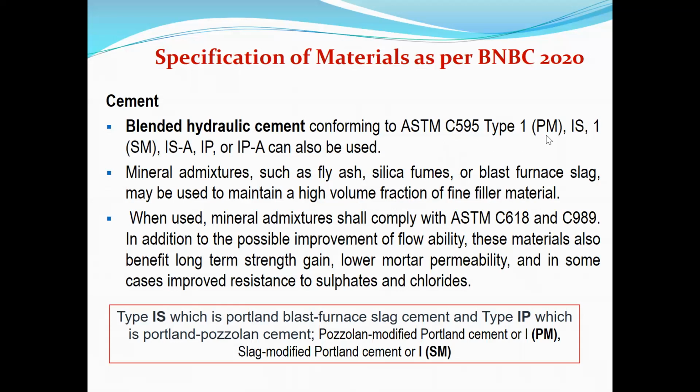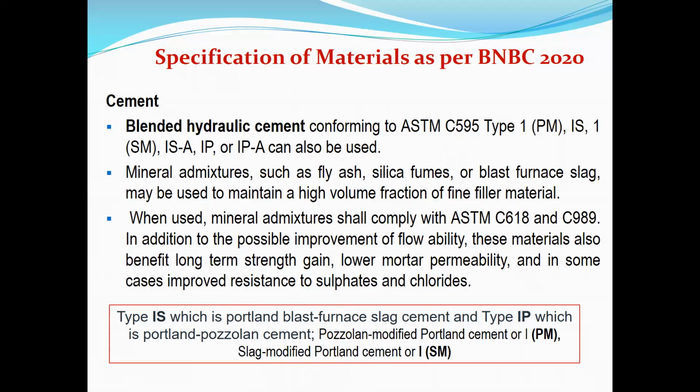What is IS? A Portland blast furnace slag cement. What is IP? A Portland pozzolan cement. PM is pozzolan modified Portland cement, and SM is slag modified Portland cement. So blended hydraulic cement conforming to the ASTM C595 standard can be used.